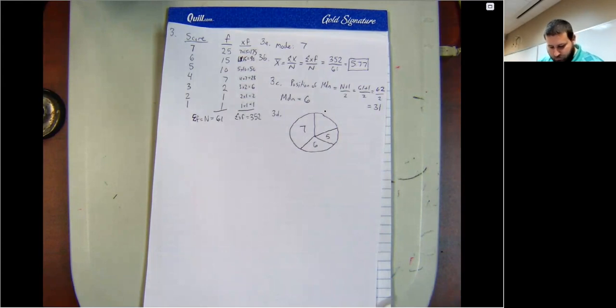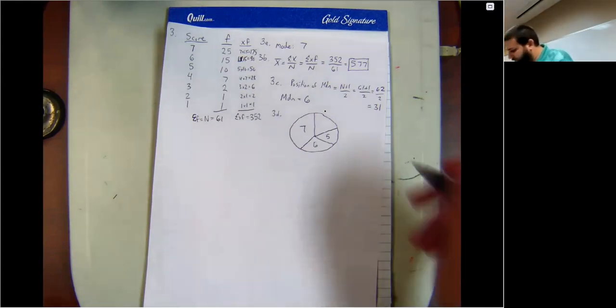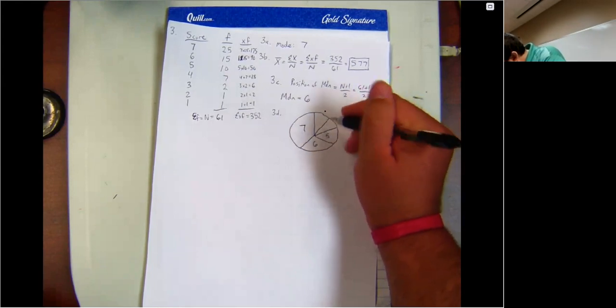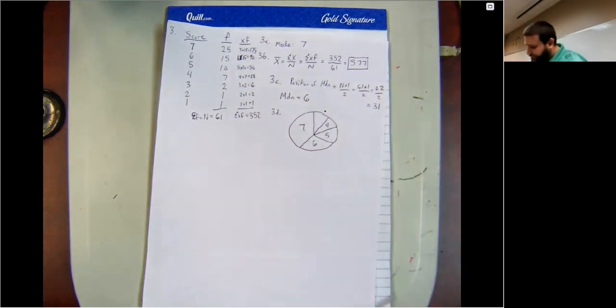There were 7 out of 61, which is 0.1148, so 11.48%, about 12%. And so again, maybe something smaller than 16, but not by much. Maybe something like that is the 4s.